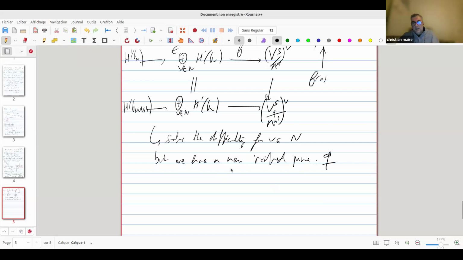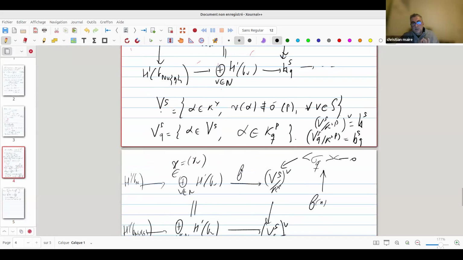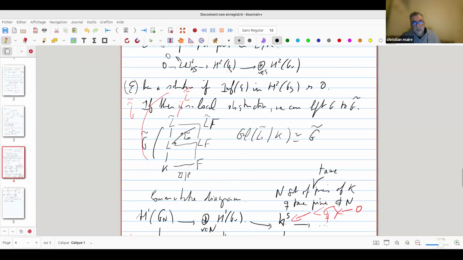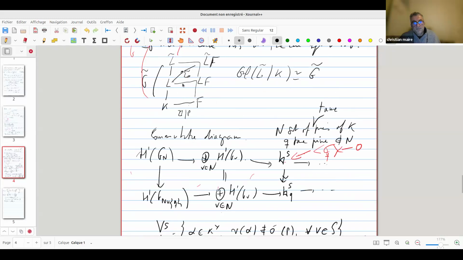And to be sure that you have no extra difficulty, you are safe if Q is splitting in the extension you started the construction with, so it's splitting in L over K here.